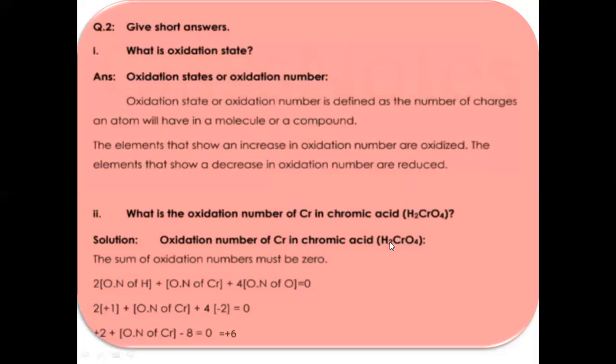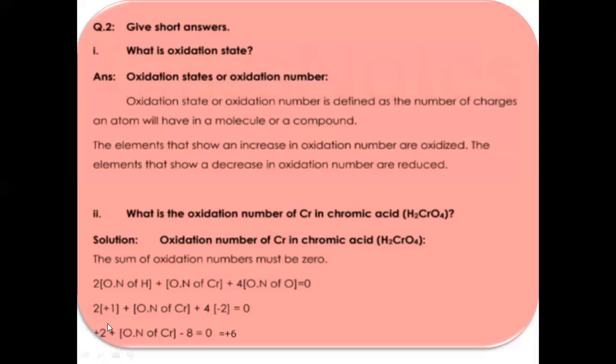Then 2 times the oxidation number of hydrogen, since we have 2 hydrogen atoms, plus the oxidation number of chromium plus 4 times the oxidation number of oxygen equals 0. The oxidation state of hydrogen is plus 1 because it belongs to group number 1. The oxidation number of chromium we have to find out. And the oxidation state of oxygen: it belongs to group number 6, so it needs 2 more electrons to complete its octet, so it is minus 2.